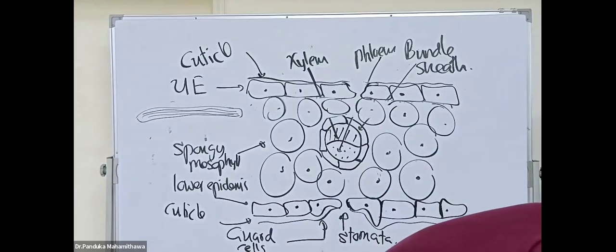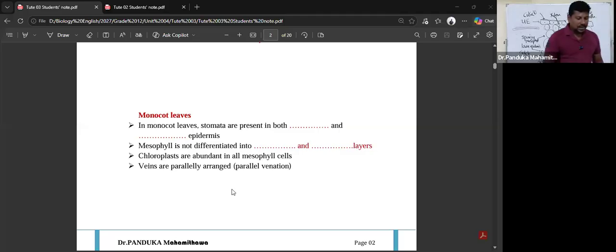A quick description about the monocot leaves in your note. In monocot leaves, stomata are present in both the lower and upper epidermis.